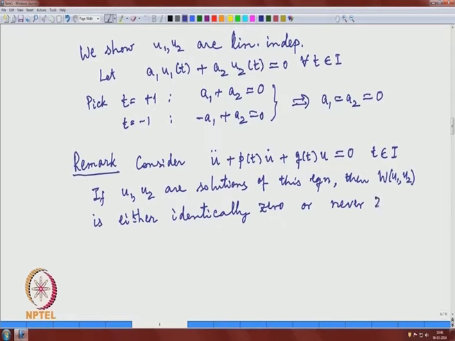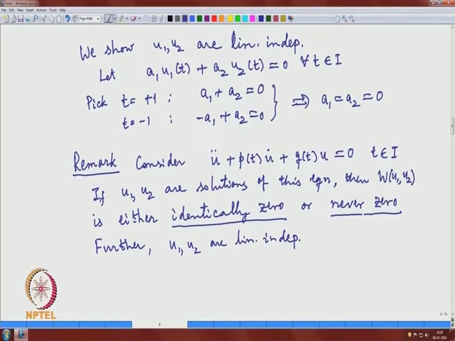So, if it is 0 at one point, then it has to be 0 everywhere, and if it is not 0 at one point, then it has to remain non-zero, and this happens only for u1, u2 being solutions of this homogeneous equation. So, that is for special functions, and further, u1, u2 are linearly independent if and only if their Wronskian is not 0.